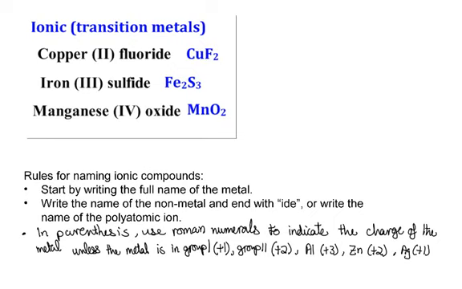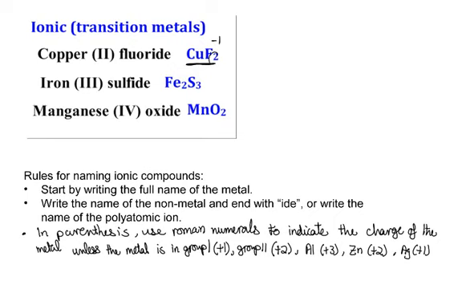So let's look at these examples, these 3 examples, and see if we can figure this out. How did we know that this copper is copper 2? Well, we know the charge of the fluoride. Each fluoride has a -1 charge.